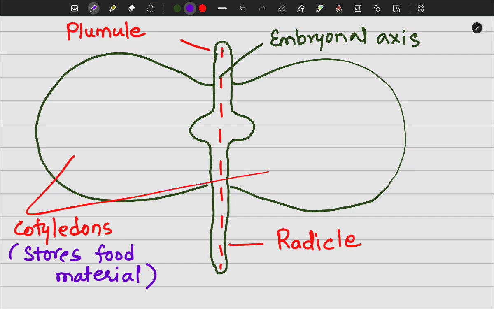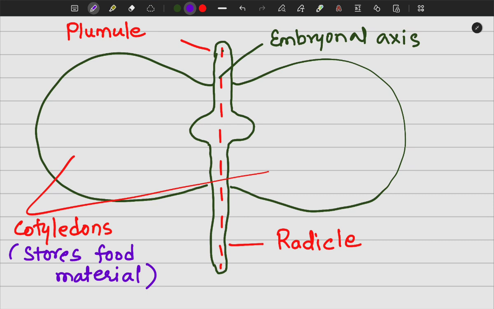Now what is this stored food material actually made up of? It is actually consumed by the seed or by the embryo while growing. There's a special structure called endosperm which develops after fertilization. There's a special type of fertilization called double fertilization which results in the formation of endosperm.